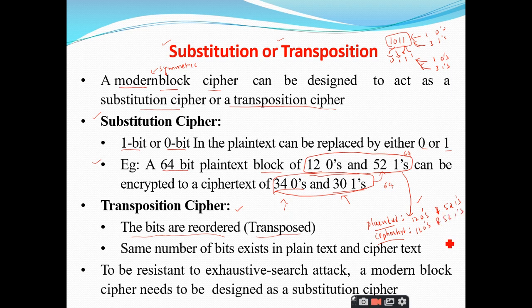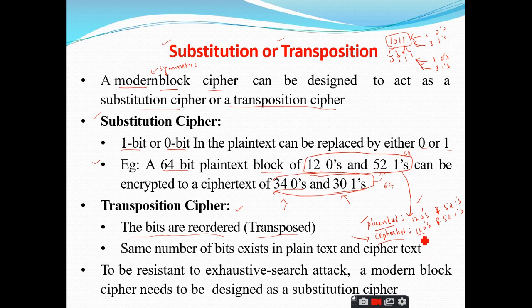Now tell me, if the attacker attacks this ciphertext and comes to know that there are 12 zeros and 52 ones, can he get any idea of the plain text? No, sir. He will get an idea.